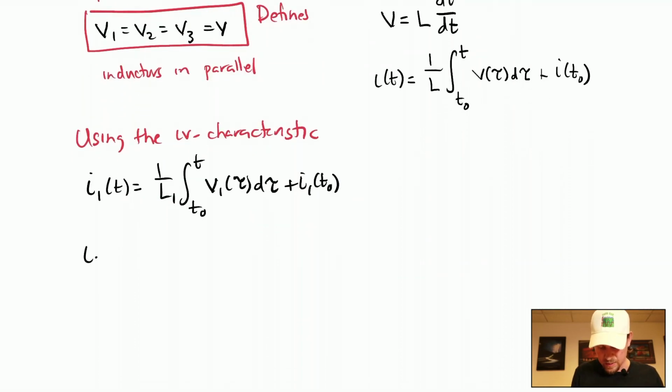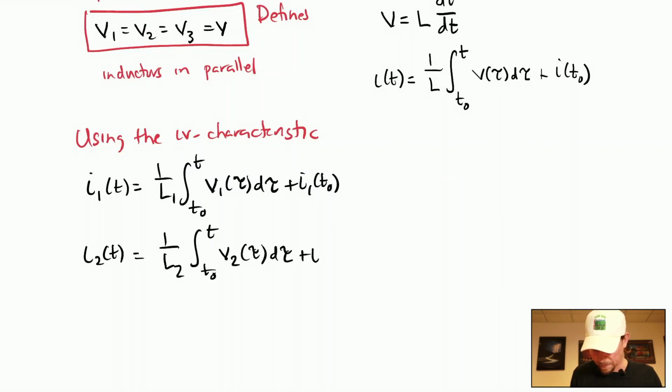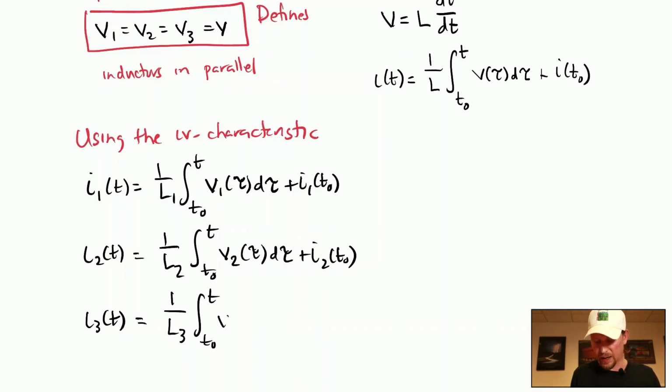I can write down the same thing for I2, except every time you see a 1, you now replace it with a 2. So this is the IV characteristic for the second inductor, and you guessed it, for the third one, it takes on the exact same mathematical form as the previous two, like this.